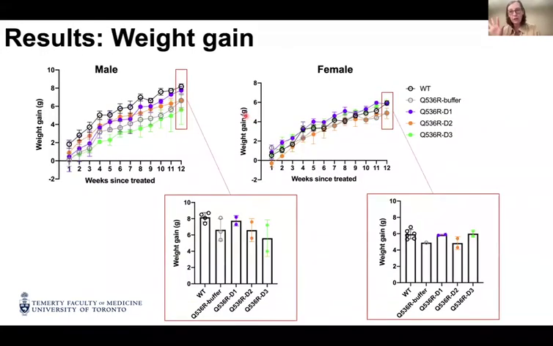So that's just a little snapshot of some of the things that we're doing. We have some preliminary results looking at the weight. Here we've given these animals IV, the AAV, so intravenously, and we were measuring their weight every week. Really, I think the take-home message is that we have very low N. There's not a lot that we can say.